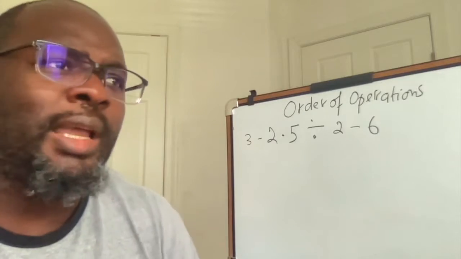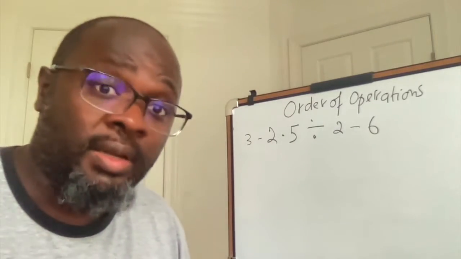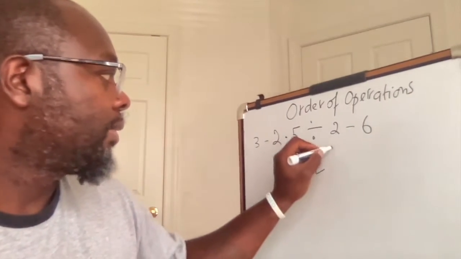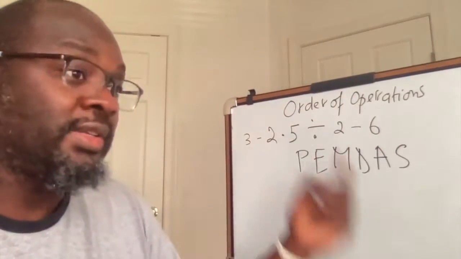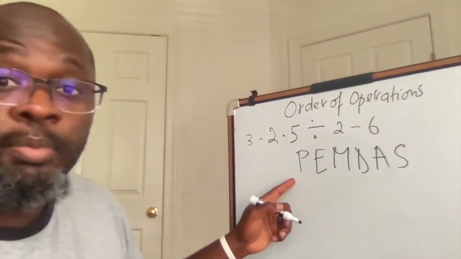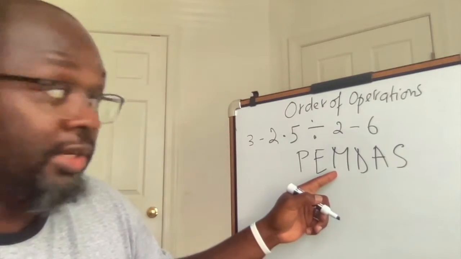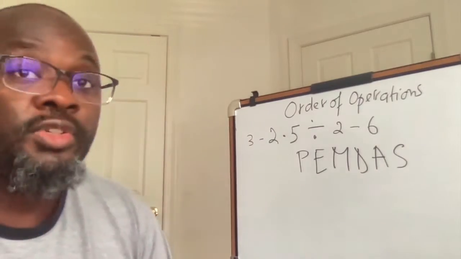Now, a lot of times when people want to do this order of operations, they use the acronym PEMDAS. P-E-M-D-A-S. And what does that stand for? P stands for parentheses, E for exponent, M for multiplication, D for division, A for addition, and S for subtraction.